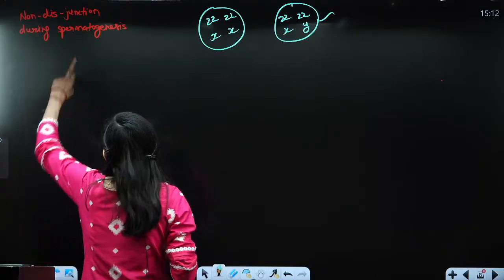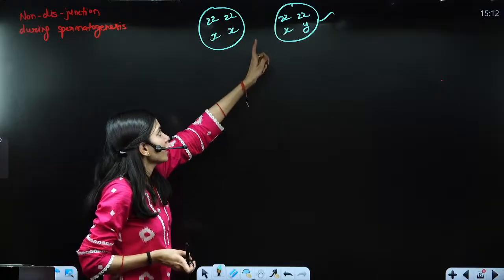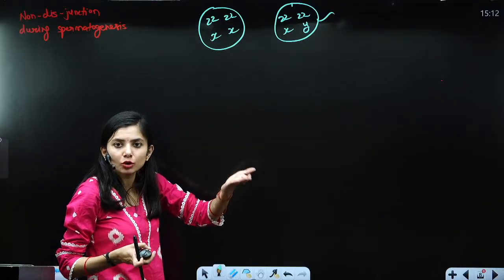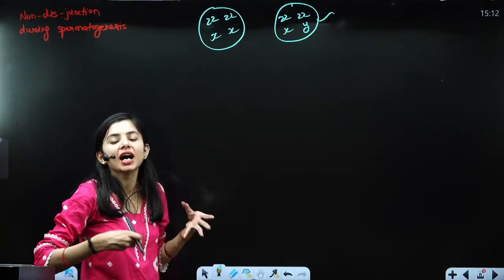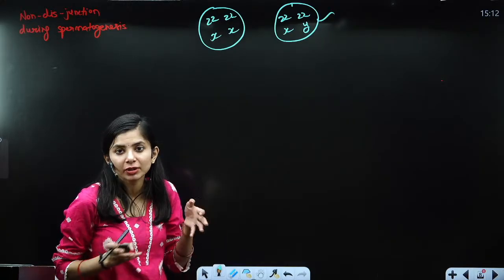Okay, so it is spermatogenesis. It means for the egg cell there is going to be no change. For the sperm cell there may be some sort of non-disjunction. It means XY, they are not able to separate themselves. So they need to be separated, but they are not able to separate themselves.